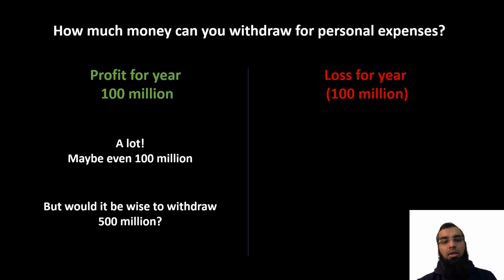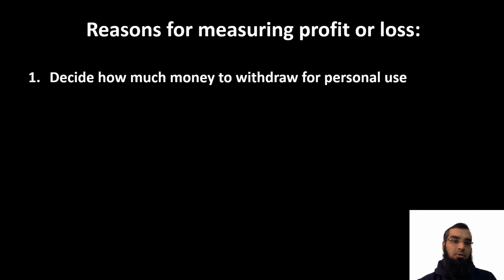On the contrary, in case of a loss, we of course cannot withdraw any money. Our business has already suffered a loss, and withdrawing more money would only cause the business to be in even more trouble. So we saw that the first reason is that we are able to decide how much money we can withdraw for our personal use if we calculate profit or loss.